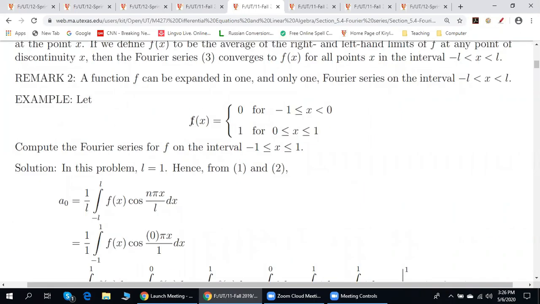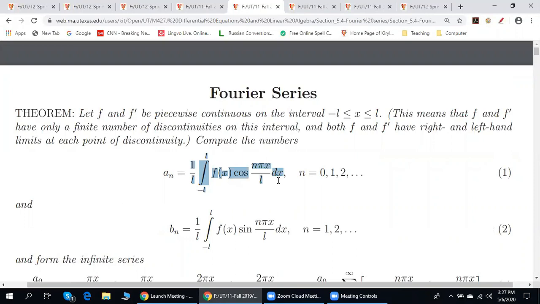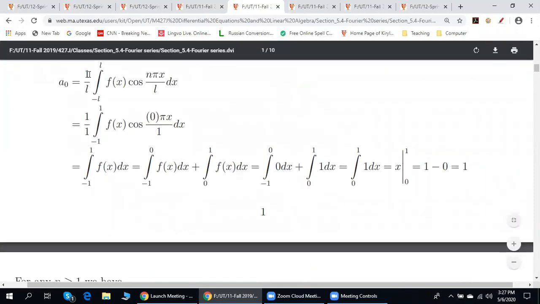Okay, now examples. Example number 1. F of x is given. It's a piecewise function. We want to find its Fourier series. Step 1, find A0. For convenience, we copy this formula over here.